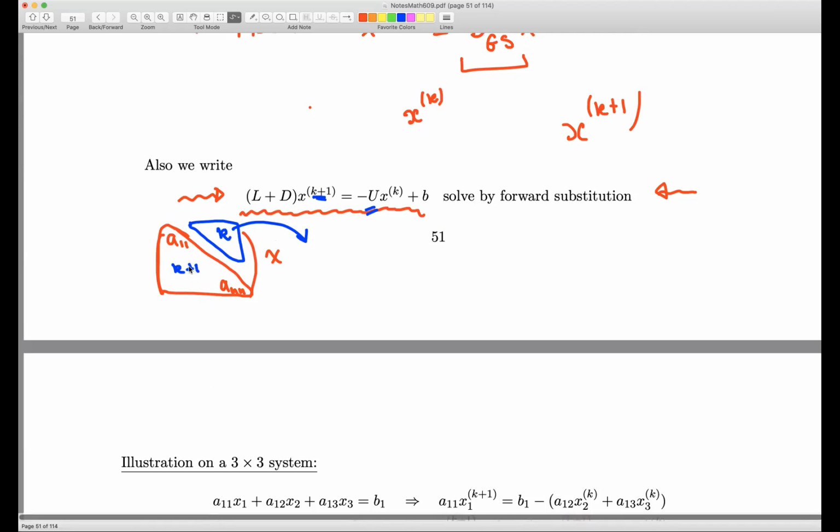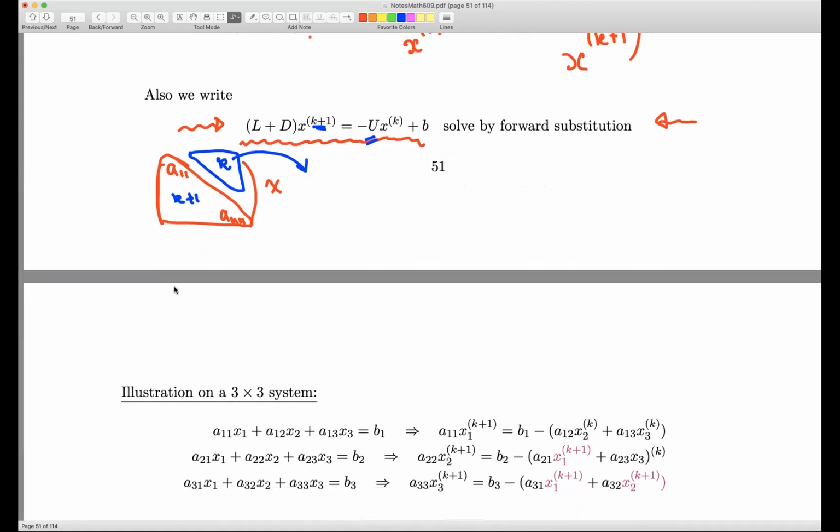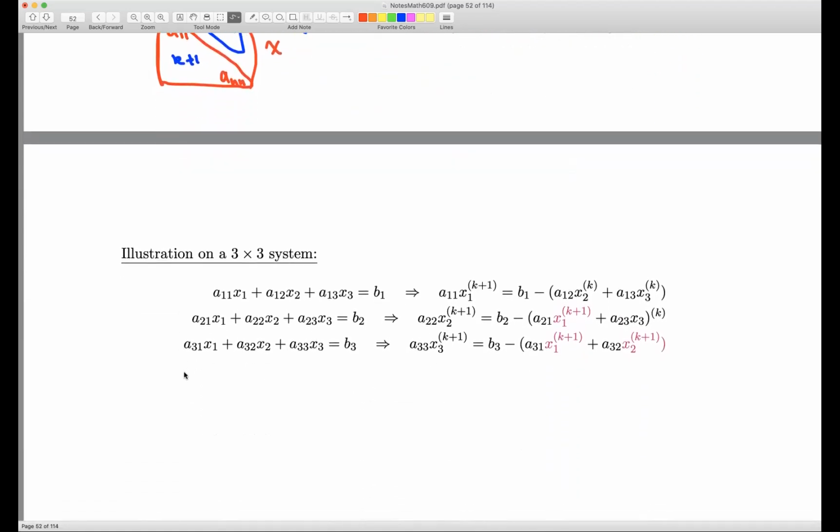So let's see exactly what this would mean for the 3 by 3 matrix. This was the original system. And we see here the elements on the main diagonal and below the main diagonal. So these are the L part of the matrix A that is associated with L plus D. Those basically will stay on the left-hand side and will have the index k plus 1.